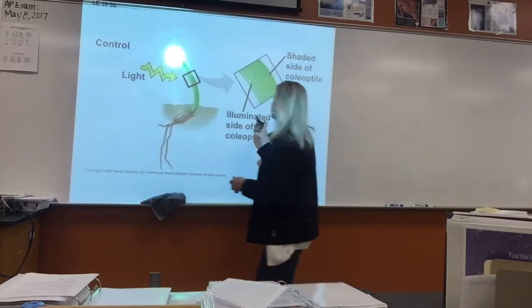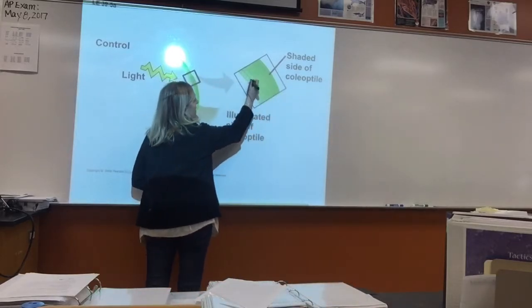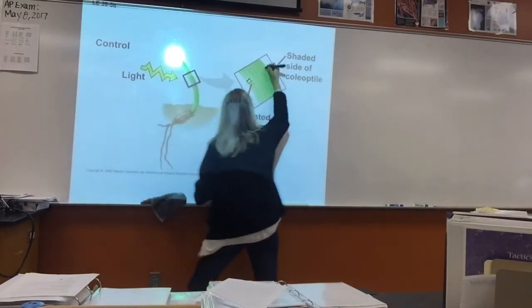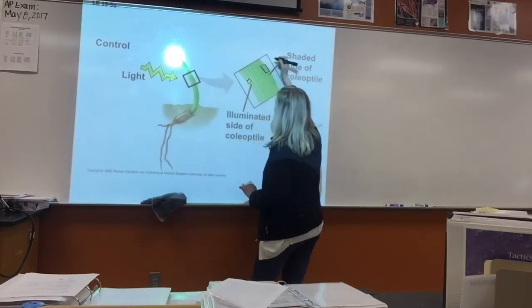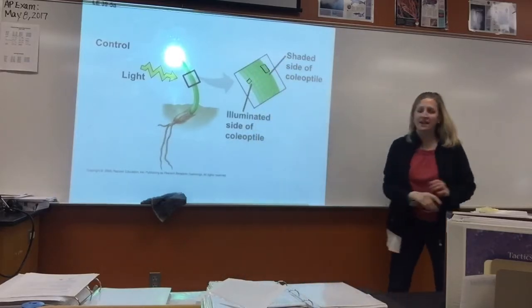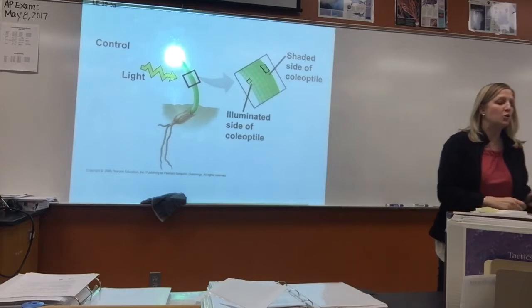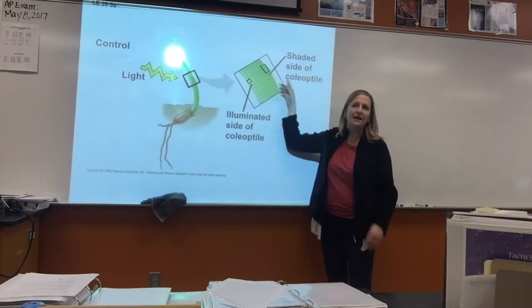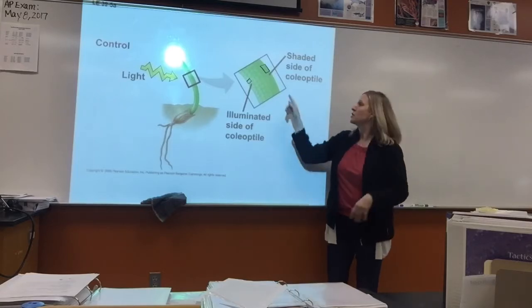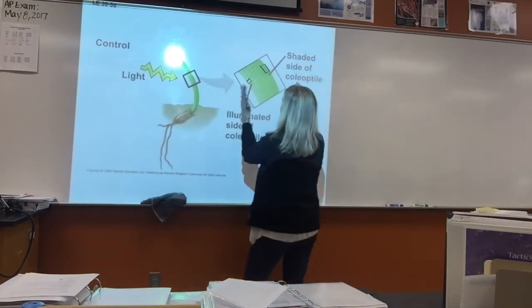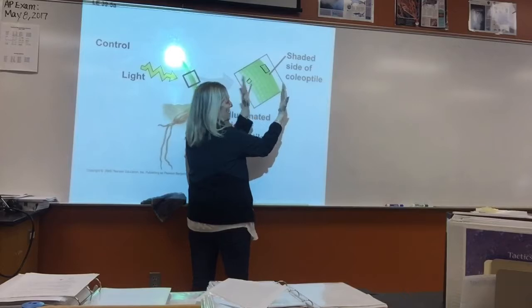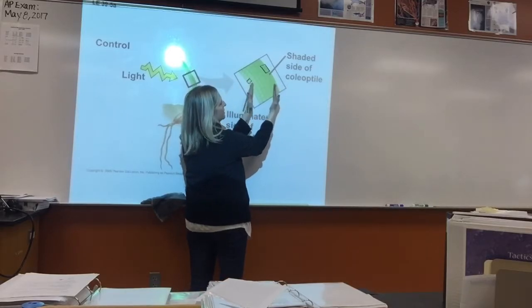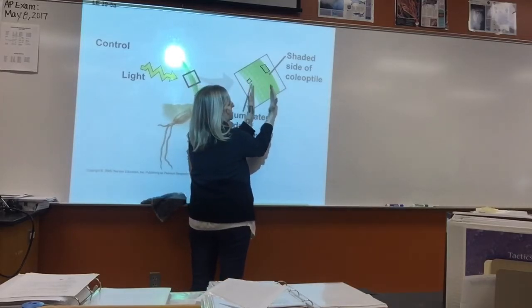Do you notice that the cells on the illuminated side look different in size compared to the cells here? Why they bend towards the light is that the cells on the shaded side actually elongate. If my two hands are the two sides of the plant, before it bends, all the cells are the same size.